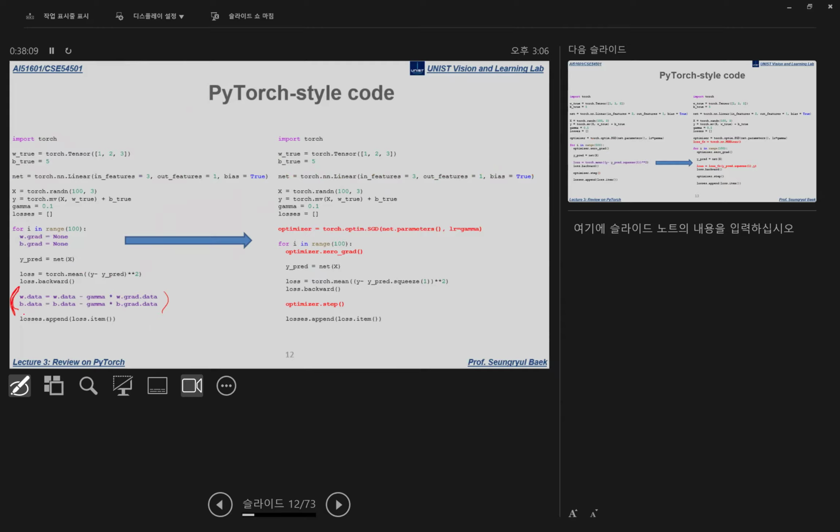Similarly, if you have 100 parameters when implementing a big architecture, then you need 100 lines of code for implementing the same thing, because there are 100 parameters, and you have to implement the same line of code 100 times. To avoid that, PyTorch provides this type of optimizer modules.